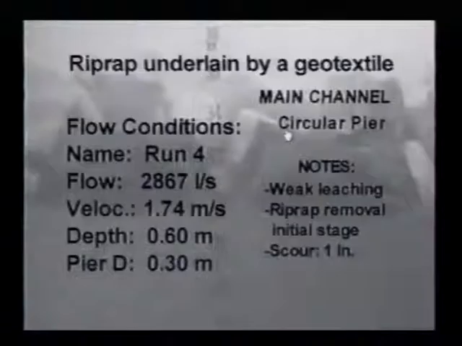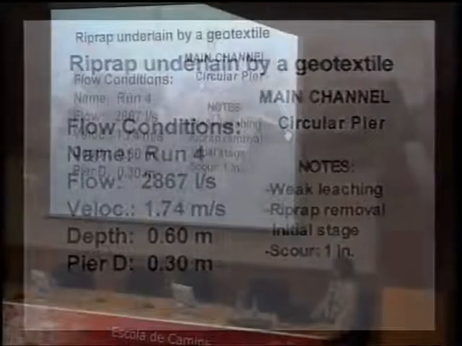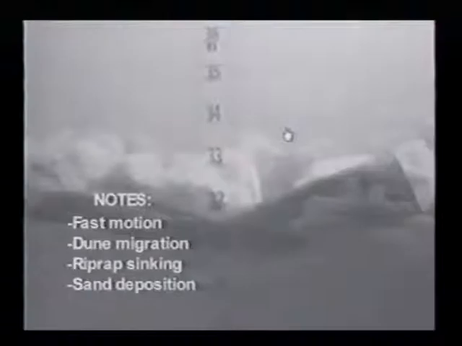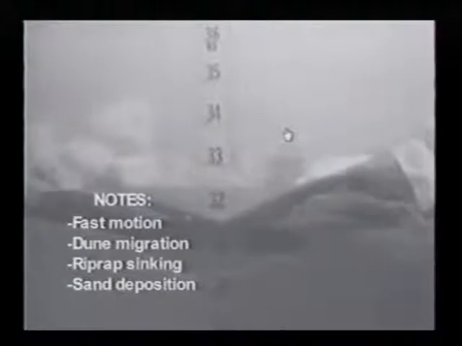It was not entrained into the flow, but it sank vertically. Now you see a geotextile underneath to help prevent the removal of sediment from the bottom. And one by one you can say goodbye to the riprap. So when riprap fails, this is probably what is happening in the field.